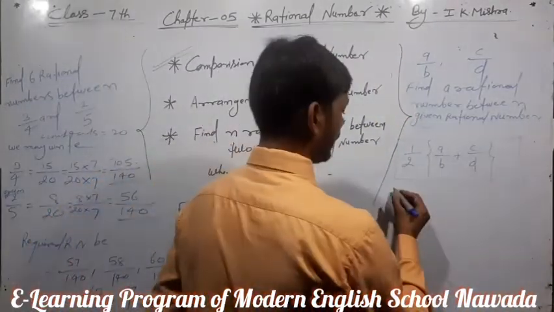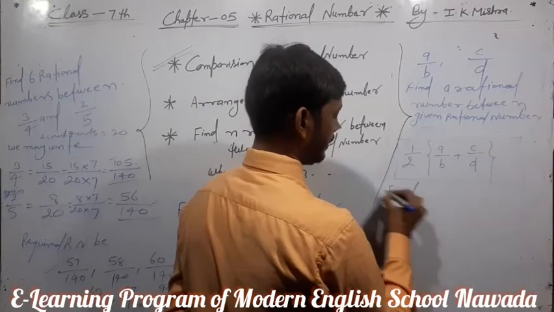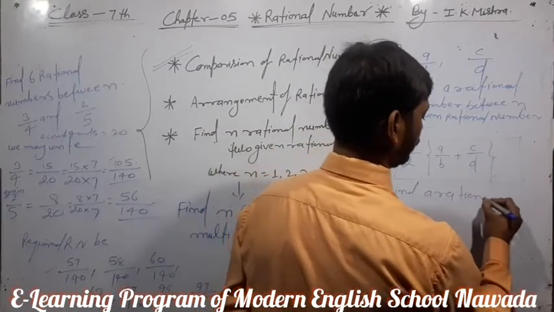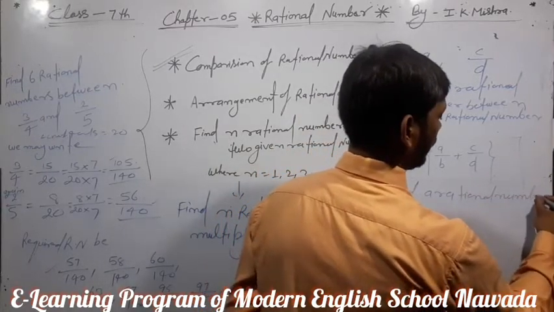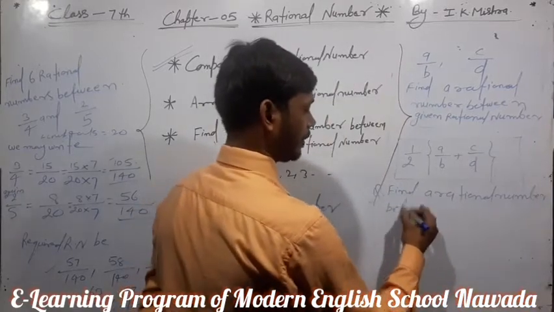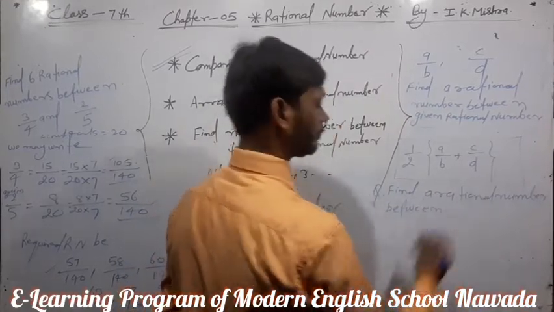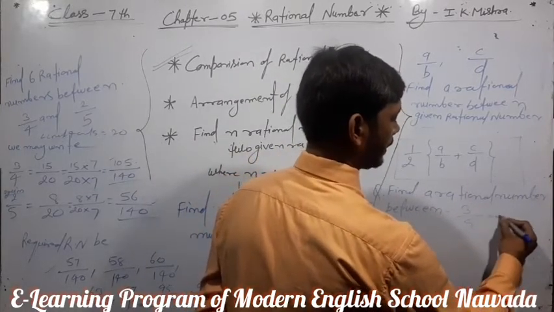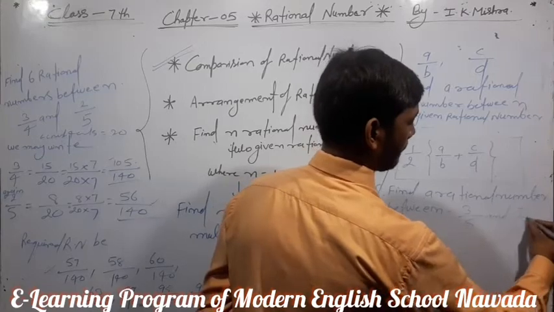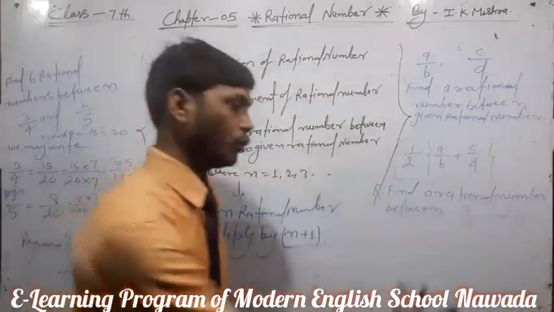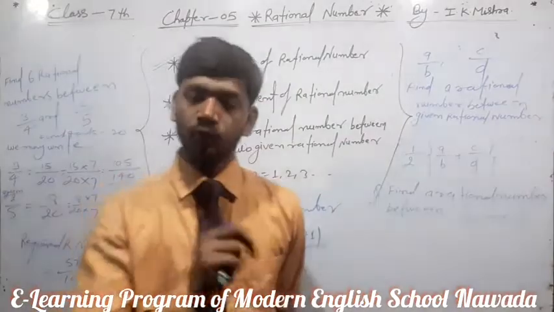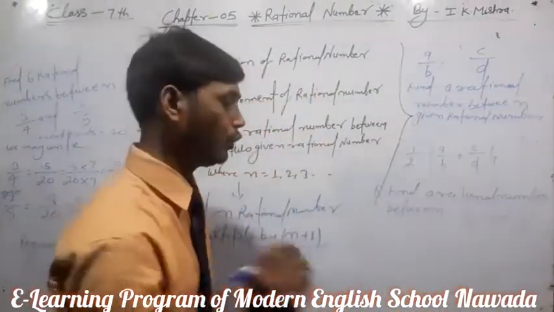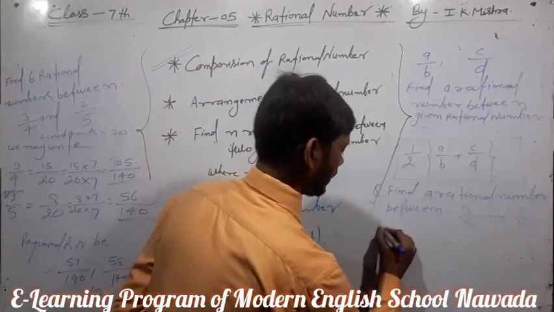Suppose we have to find a rational number between 3 by 5 and 7 by 10. Here two rational numbers are given, and we have to find one rational number between them. Then we use the formula.